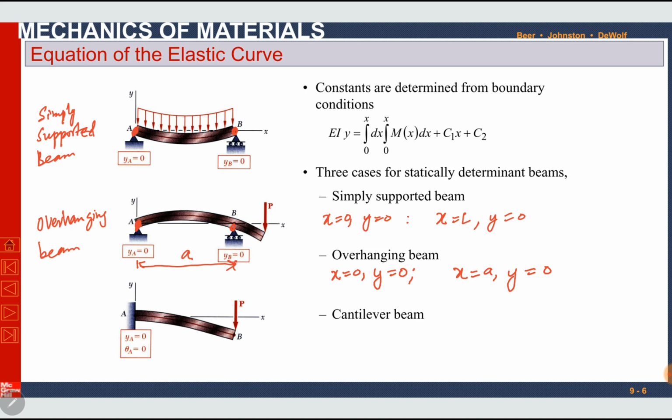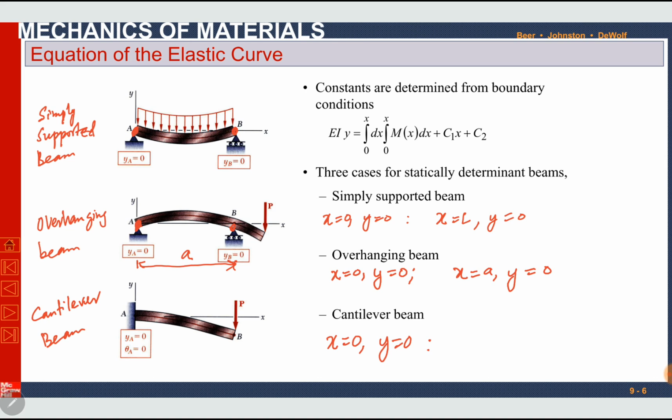Here is another type of beam, the cantilever beam. In a cantilever beam, we have only one support, but it is a fixed support. At fixed support, there is no deflection. So at x equal to 0, y is 0.